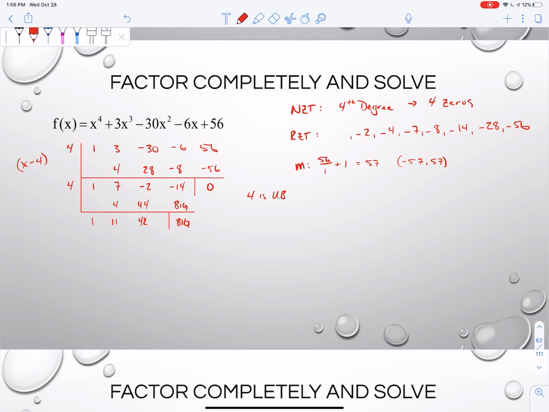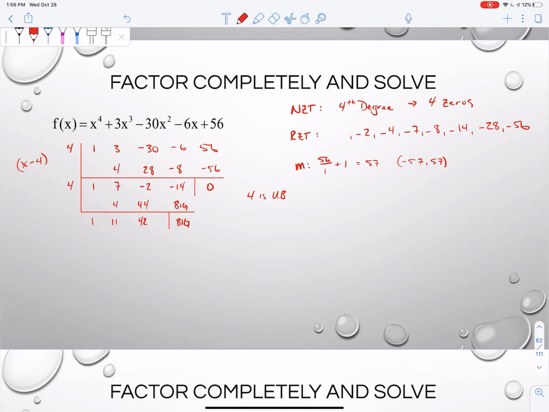Any values that are not a factor of 14, thus 8, 28, and 56, can now also be eliminated from my list. I can get rid of them because I know that what I need to factor still has to evaluate the rational zeros. So if it's not a factor of this 14, it's not applicable in my list of values anymore.